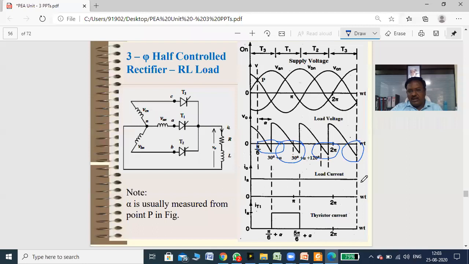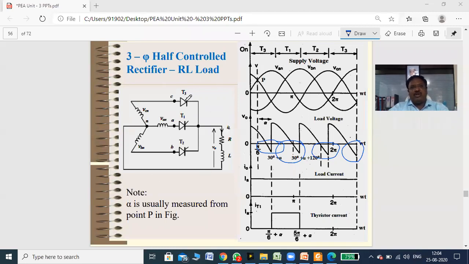If I want to remove this negative part, again we connect a freewheeling diode and so on. So that is another option. But the working is very similar to the single phase with inductive load. Only, if you see here, these are actually three half controlled converters. Three phase half controlled converters. So phase A, phase B, phase C, these are the three different phases. Basically these are three single phase half controlled converters.